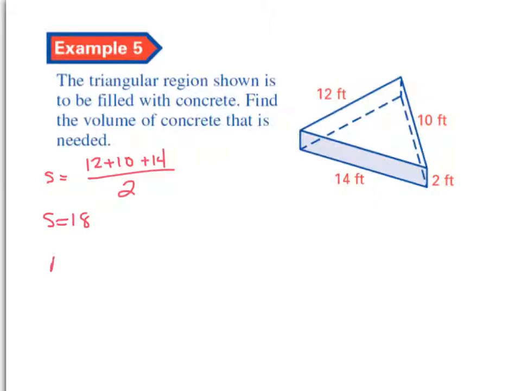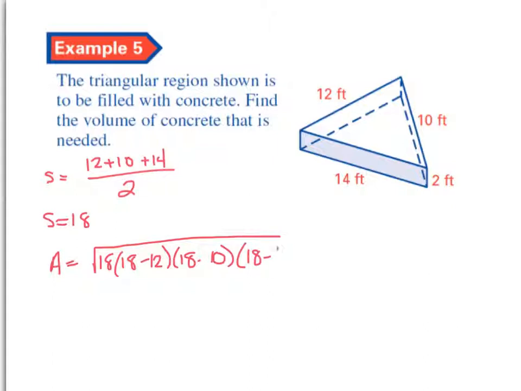Then I find the area with the square root of that semi-perimeter, 18, times 18 minus 12, 18 minus 10, and 18 minus 14. I throw that in my calculator, and it gives me an area of 58.79.